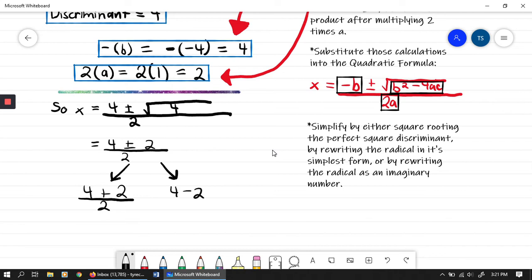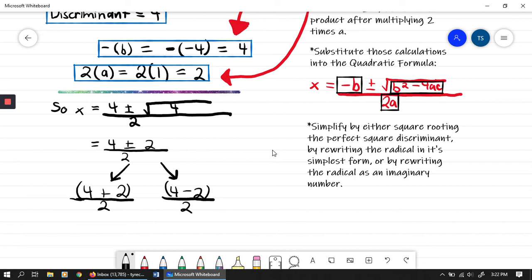Remember that plus or minus indicates that there are two versions of this answer. One version has a plus, the other version has a minus in it. In one version, at the top, you are going to add 4 plus 2. In the other version, at the top, you're going to subtract 2 from 4.